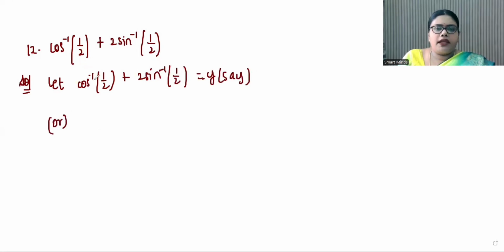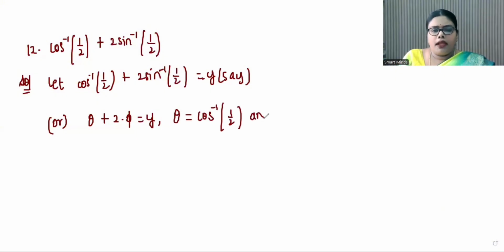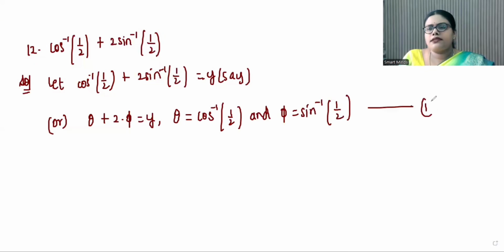Or we can take cos inverse of 1 by 2 as some theta plus 2 into sine inverse of 1 by 2, which we take as some phi, equals y. So theta we have taken as cos inverse 1 by 2 and phi as sine inverse 1 by 2. Let us take this statement as equation number 1.